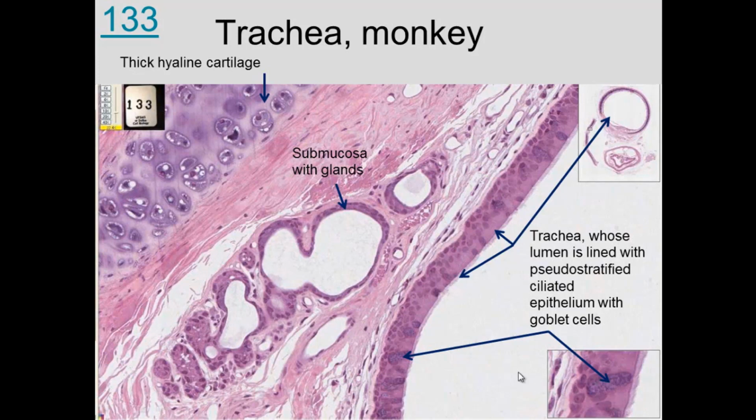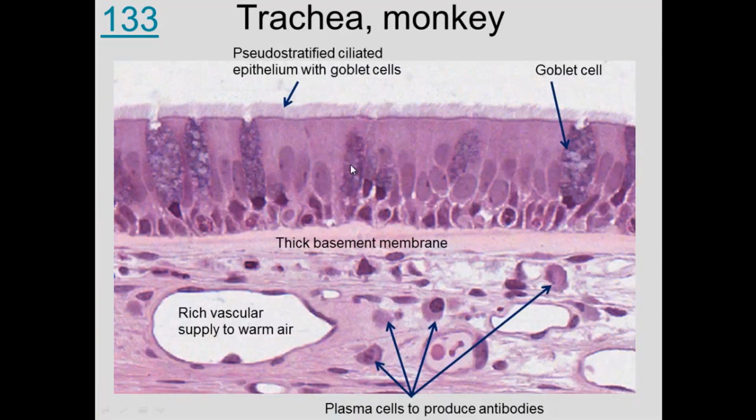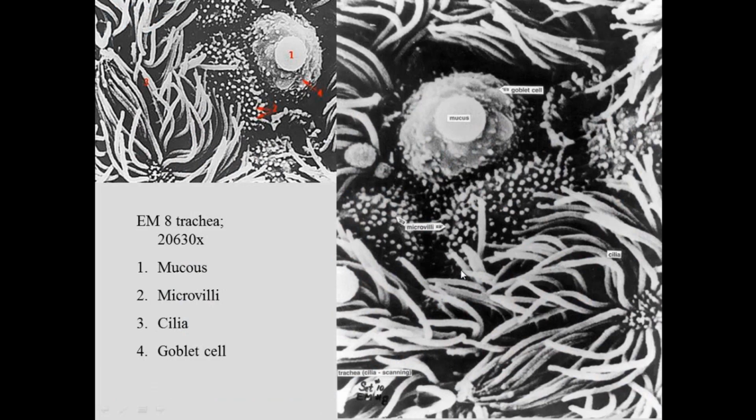The goblet cells, as we can see, and you see a diagram of that. You see the ciliated cells, the goblet cells with their secretions coming out, the basal bodies of the cilia, the cilia projecting on here, very thick basement membrane, rich vascular supply. You got plasma cells in through there in the lamina propria to make antibodies against whatever antigens you are being exposed to by breathing in air.